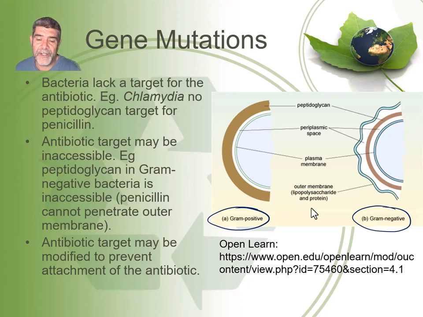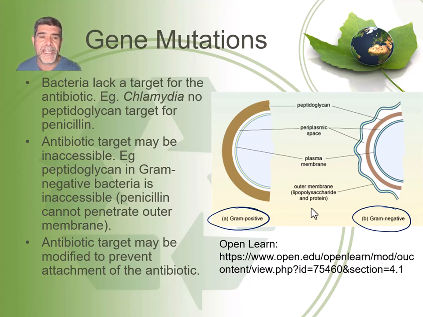Gram-positive bacteria have a very strong, thick peptidoglycan wall. Antibiotics will interact with this particular group of chemicals. The gram-negative bacteria also have the presence of peptidoglycans, but sometimes these are inaccessible, and this can create some interesting challenges for different types of antibiotics.